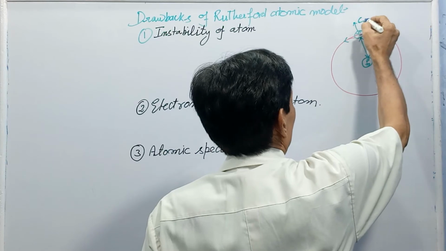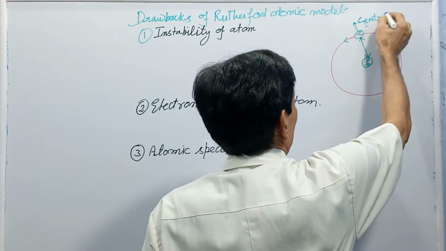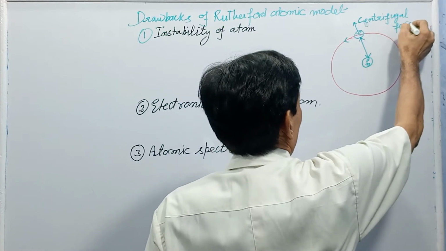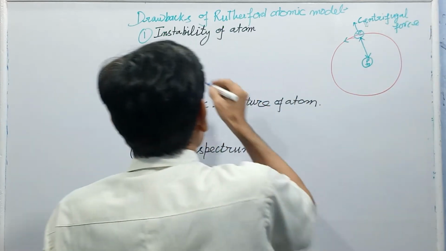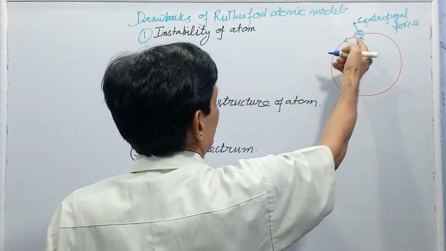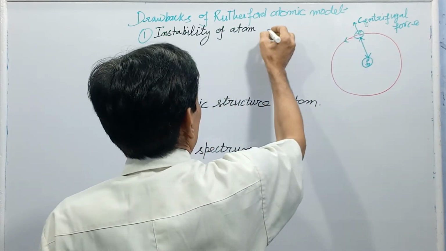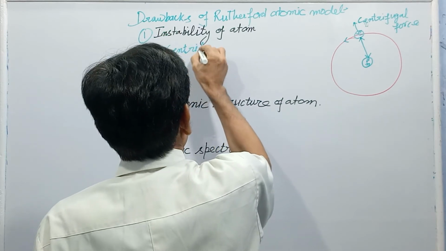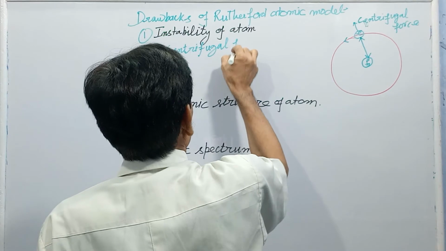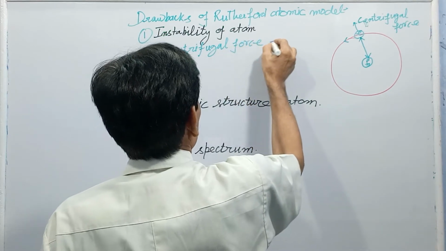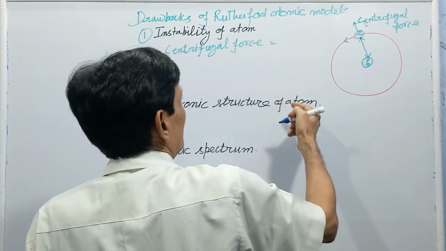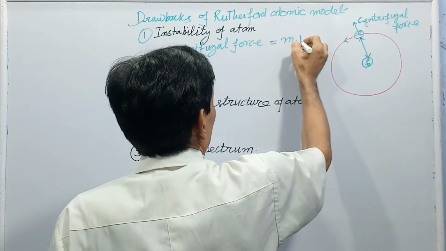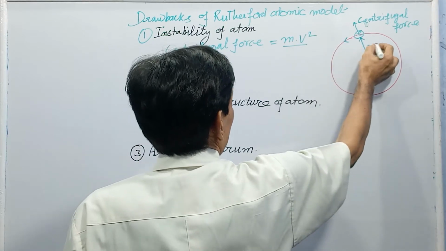Centrifugal force is equal to mv square by r, if mass of electron is m, velocity is v, and distance is r.